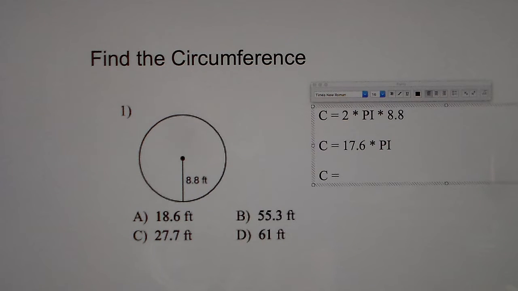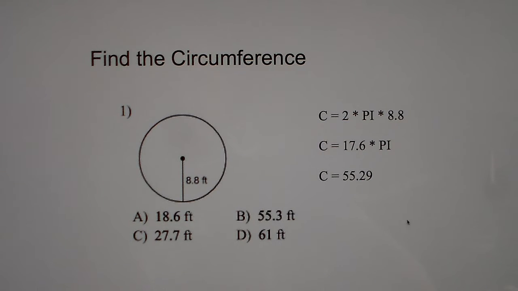And 17.6 times pi is 55.29, and that's really your final answer. 55.29, which is B.